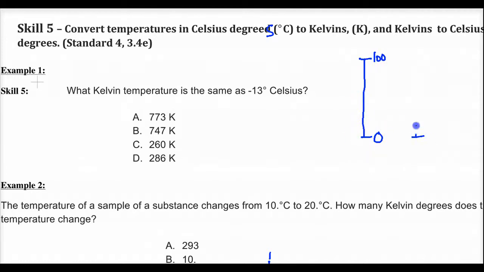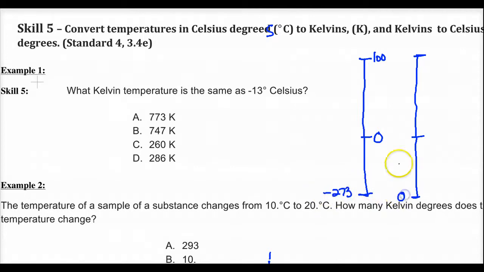And Lord Kelvin didn't like the scale in the sense that, well, 0 should mean 0 motion, since temperature really is reflective of how much motion. So he found through an experiment that we're going to do that the coldest possible temperature was negative 273 degrees Celsius.